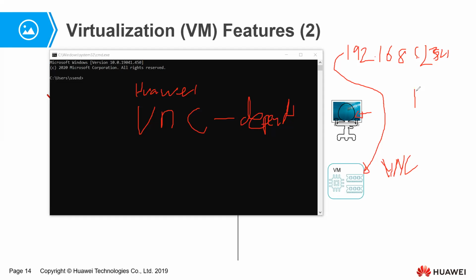So the compute node functions as the server to provide services for the users to log into the virtual machine. Therefore, you need some kind of compute node. The network between the client and the server must be normal, so you must have some kind of connection. That's why we are saying that with these consoles in Huawei, there is network dependence.